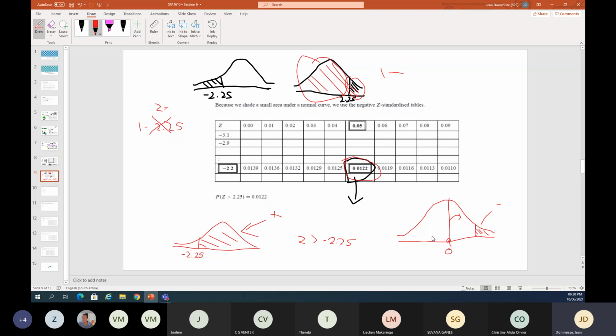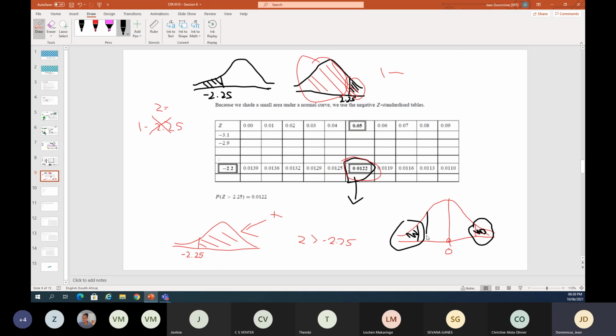See, it's a difficult one, so what I will do is, what makes it maybe easier is, how I use it is when I shade it and I know that it is going to be smaller than 0.5, then I use the negative.